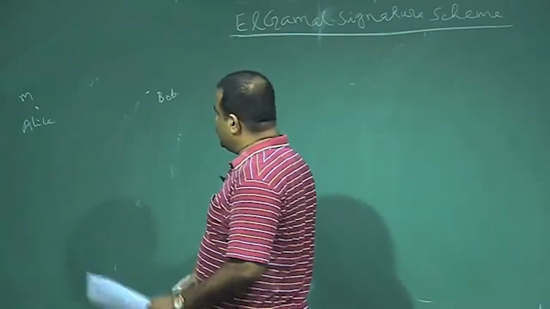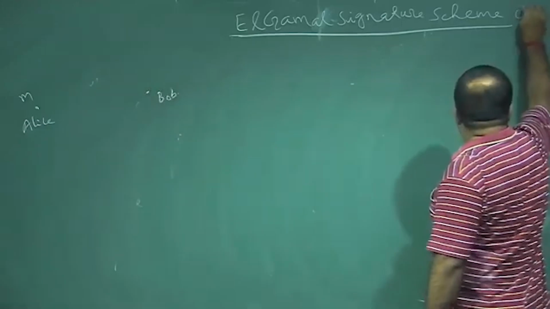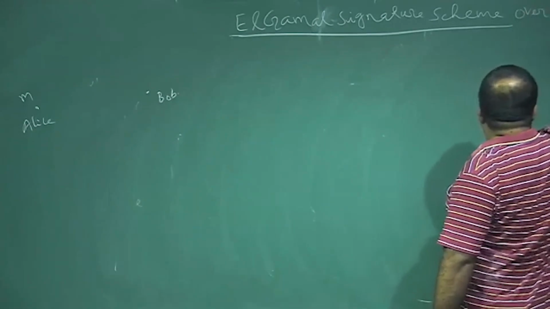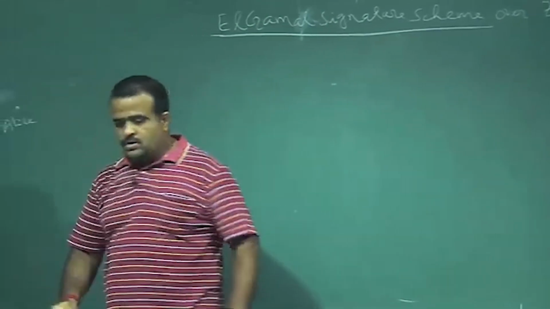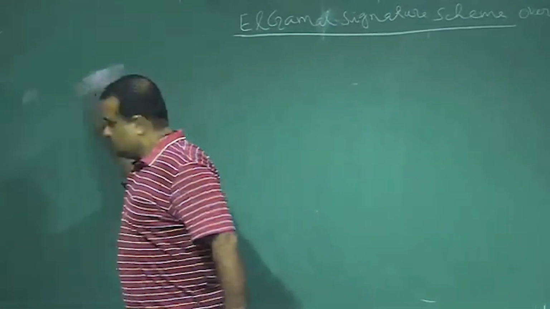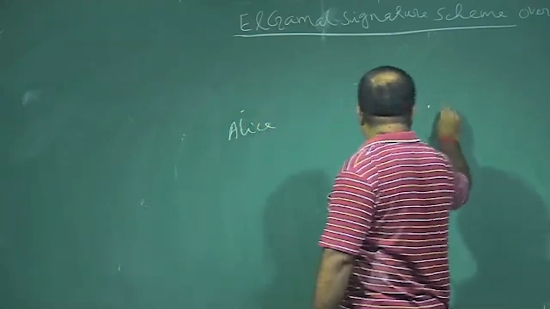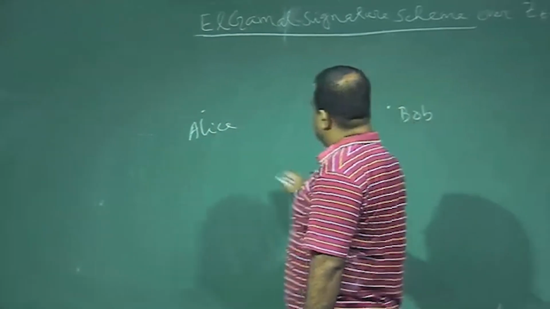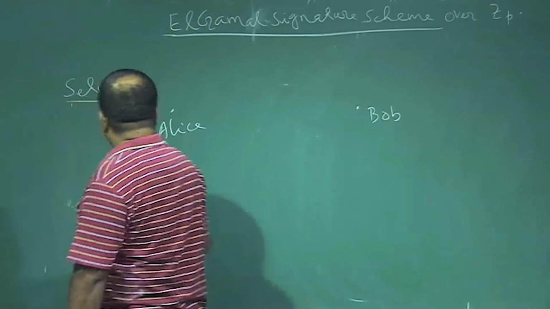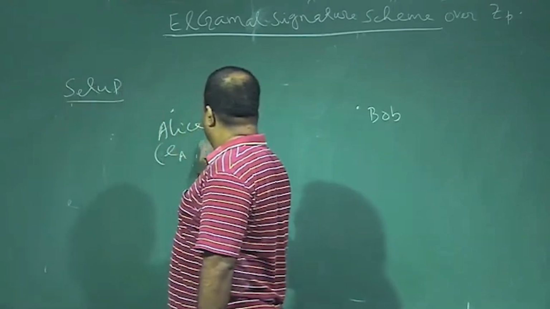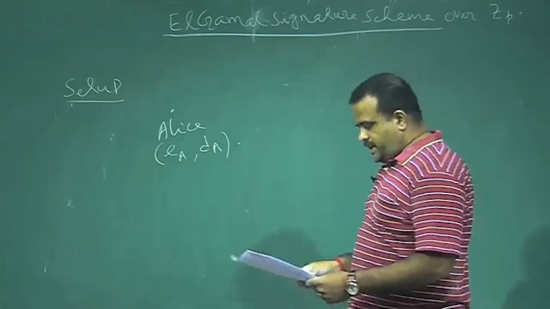So, for Elgamal we need to show the Elgamal signature scheme over Zp. Alice has to run this setup phase in order to generate Alice's public key and private key pair, E_A and D_A.